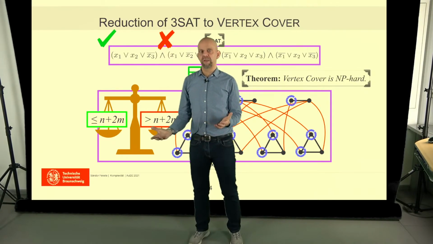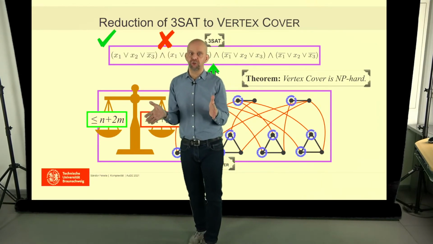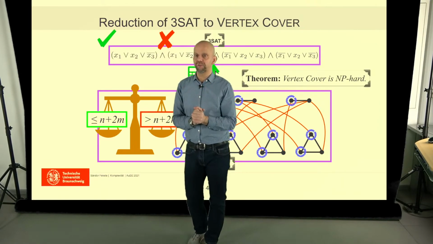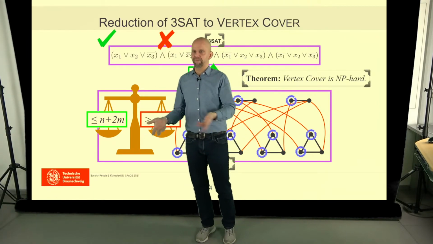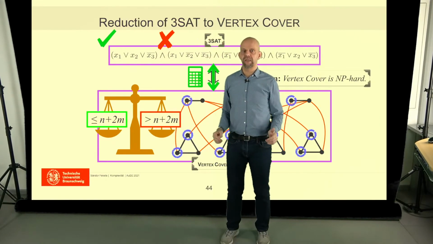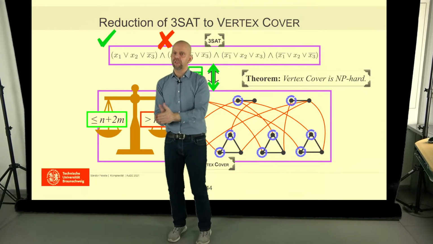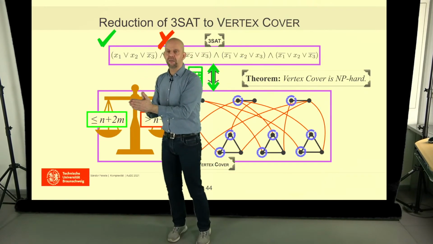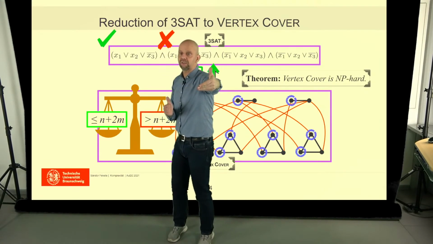It's a logarithmic number. So you can do a binary search on the threshold, and binary search is really fast. So if you had something that allows you to make that decision whether it's more or less, then you can optimize by asking a sequence of these questions.